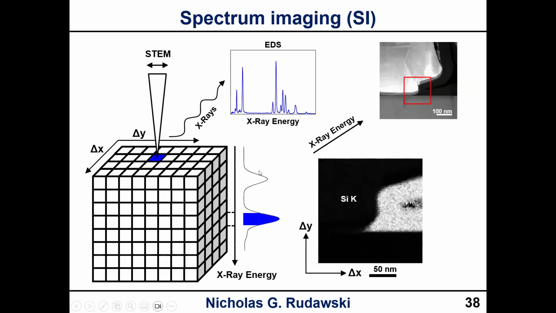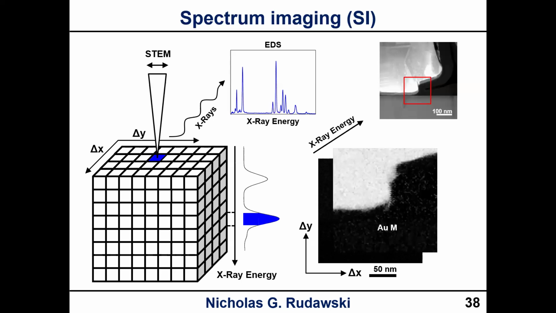In the case here, if we do this for the energy range that corresponds to silicon K. Now, I put silicon K and not silicon K alpha because the way that the software does this is it actually uses both silicon K alpha and beta. So that's why I didn't put alpha, because strictly speaking, there is a beta contribution to this. So this would actually correspond to a couple slices, if you will, through the data cube.